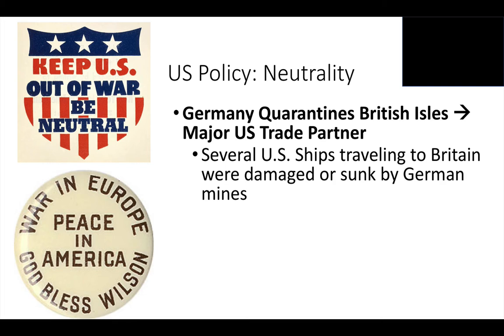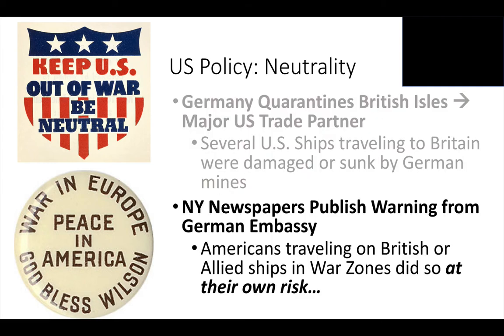So remember what I told you, U-boats was underwater boats, means submarines. A lot of these German submarines were starting to sink U.S. ships or any of these ships that were trying to trade with Britain. So this is going to be one of the reasons why eventually the United States will be pulled into World War I.